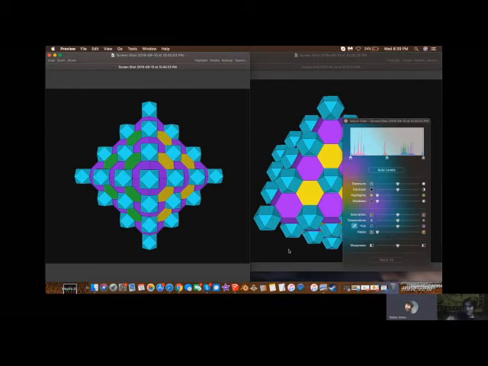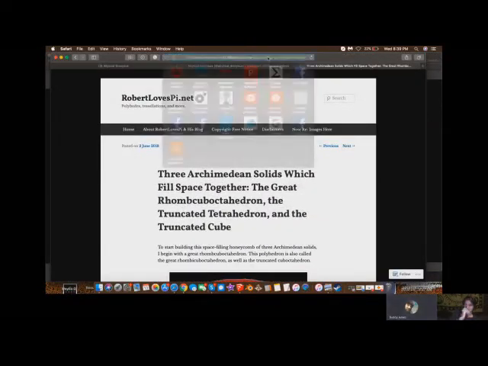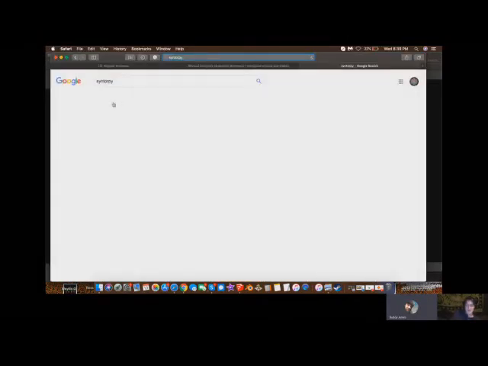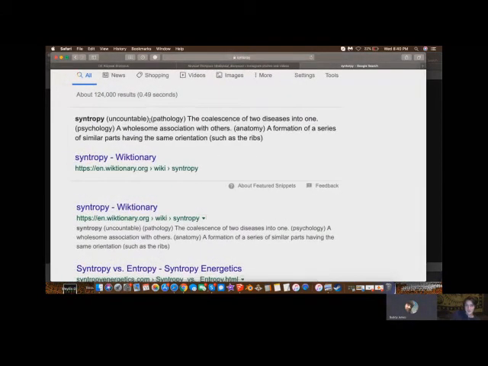What does that mean? Syntropy, I don't even know. I can look it up here. How do you spell it? Syntropy, maybe. It sounded like it would have been a bigger word than that. Okay, uncountable pathology, the coalescence of two diseases into one.